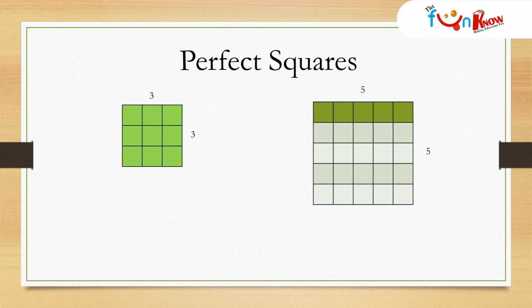So a perfect square is when you multiply two numbers that are the same and get exact values. 3 into 3, 5 into 5, 2 into 2, these are known as perfect squares. You can see over here 3 square is 9, 5 square is 25.